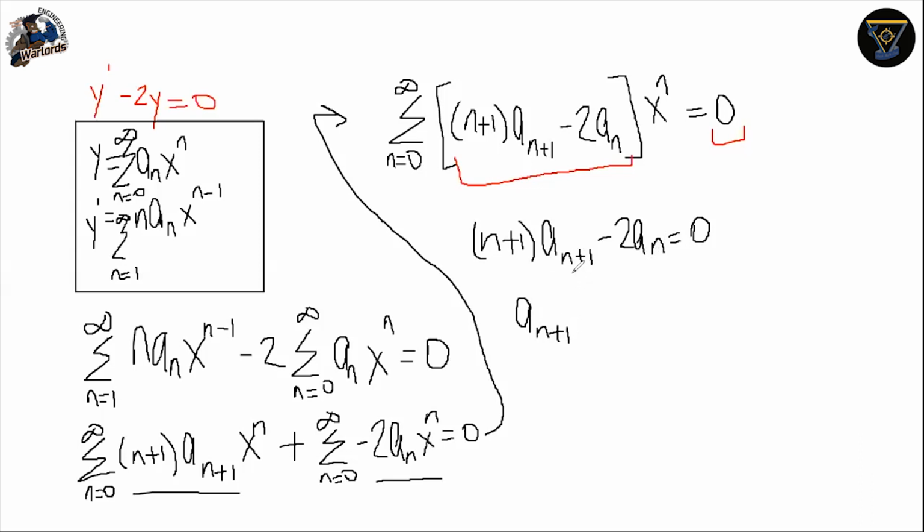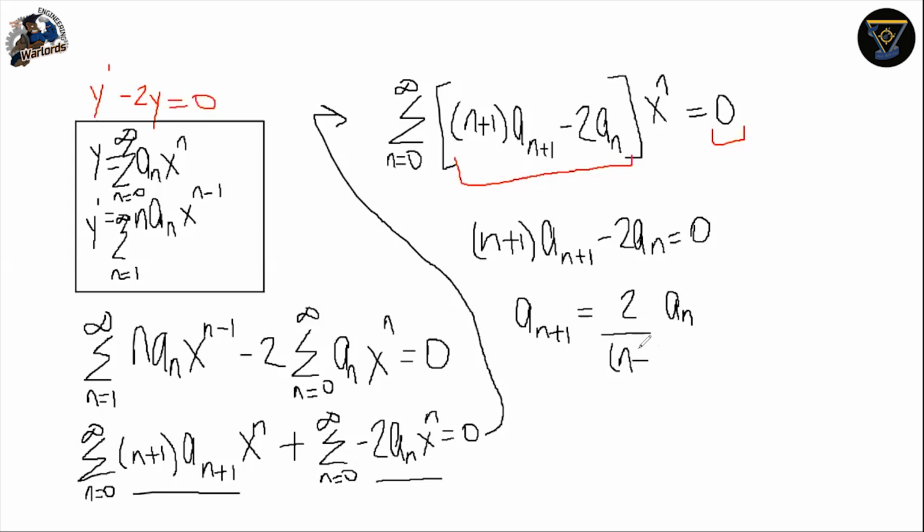Because if we say n is equals to 2, this will be a to the third, and this will be just a to the 2, right? So this one has the bigger index. So we always transpose for the bigger index. So this is going to be equals to, we bring this over to the right-hand side, so it becomes a positive. So you have 2 a to the n, and then we divide it by n plus 1.